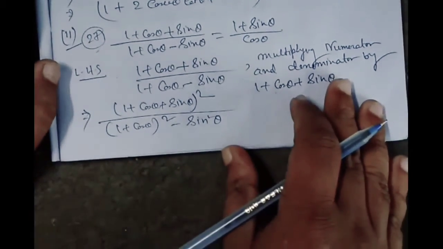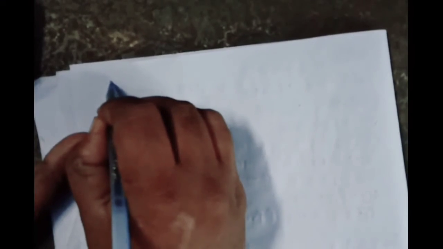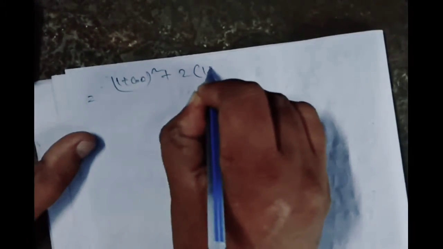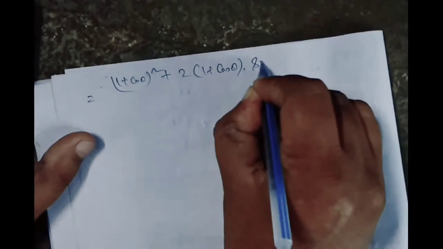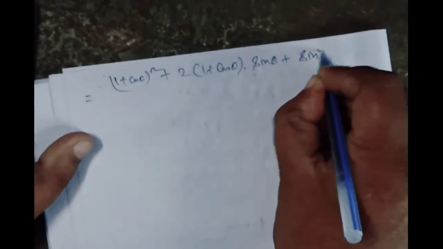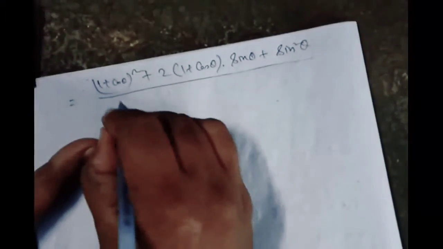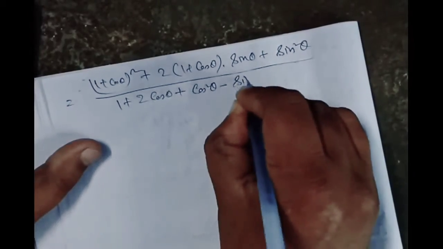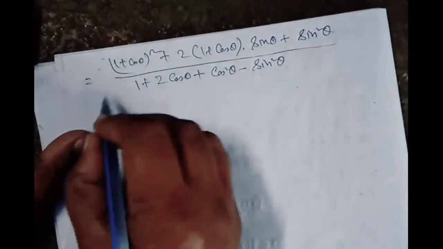Next, now if we do the square of it, we are getting (1 plus cos theta plus sin theta) whole square, which equals (1 plus cos theta) whole square plus 2 into (1 plus cos theta) into sin theta plus sin square theta, by 1 plus 2 cos theta plus cos square theta minus sin square theta.